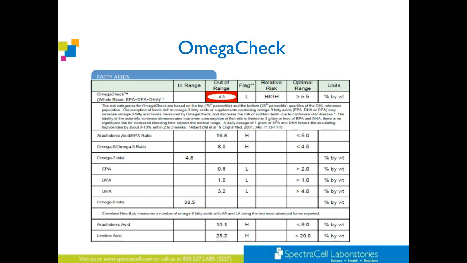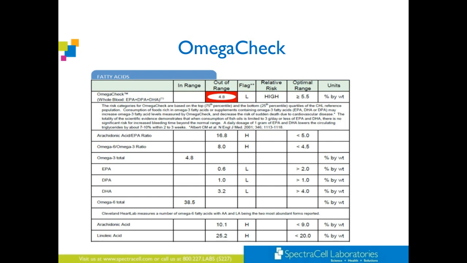If you look in the middle column where it says out of range, you see the omega check, and the person gets a number. It's 4.8. We want it greater than or equal to 5.5. You get that number by adding up the three omega-3s, the EPA, the DPA, and the DHA. In this particular example, that equals 4.8.